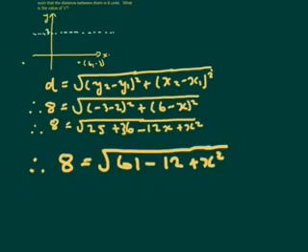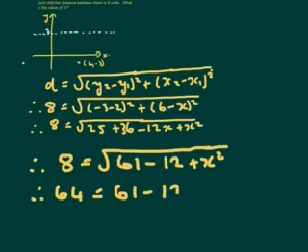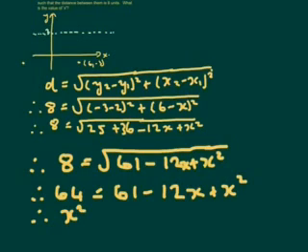Therefore 8 squared, 64, equals 61 minus 12x, that should have been, plus x squared. And you can probably see that we can take 61 from both sides, and we'd end up with x squared, and do a bit of rearranging, minus 12x plus 3, is it?